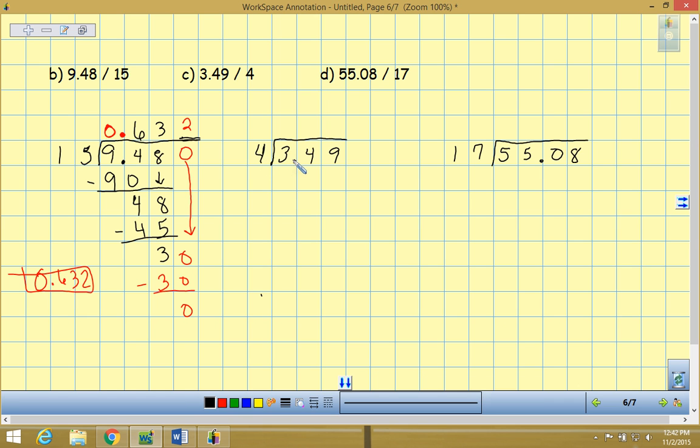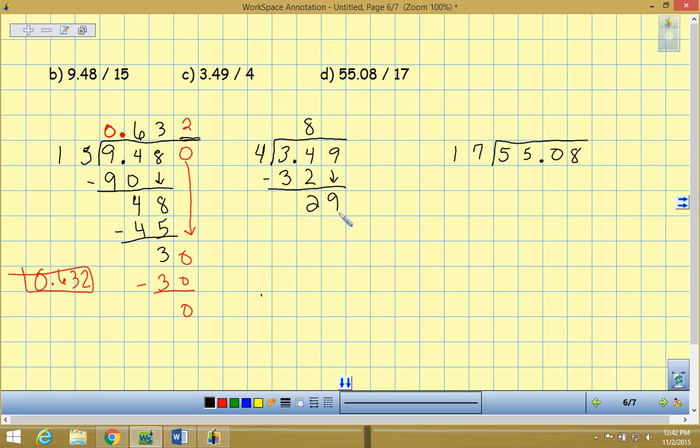Can 4 go into 3? No, but it can go into 34 how many times? 8 times. 8 times 4 is 32. 34 minus 32 is 2. I bring down the 9.